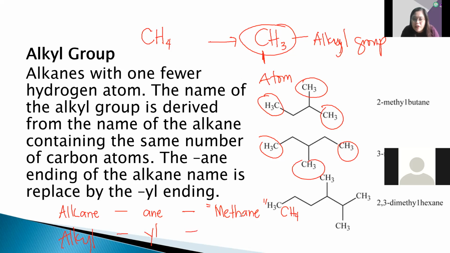So instead of calling it methane, we will now call this CH3 methyl. We call it methyl when it is missing a hydrogen. Whether one or two are missing, as long as it contains fewer hydrogen atoms, we call it an alkyl group. Their names end with il.